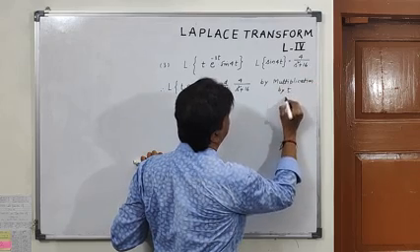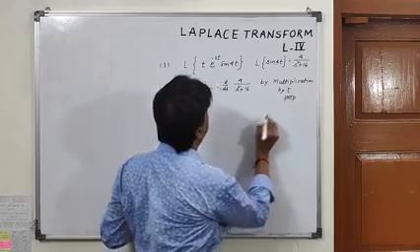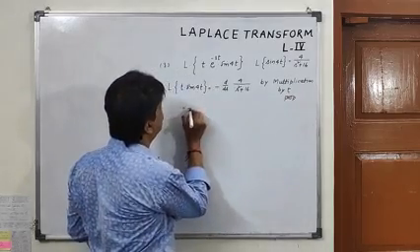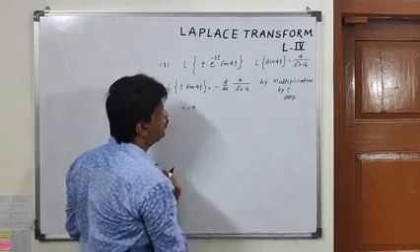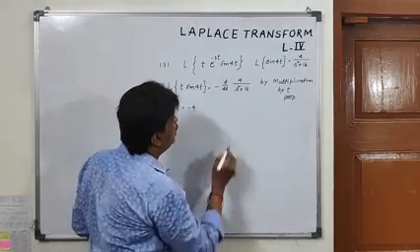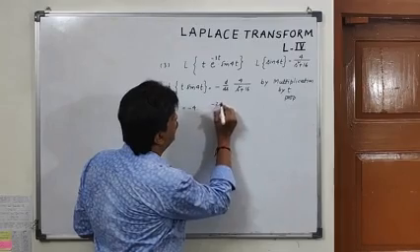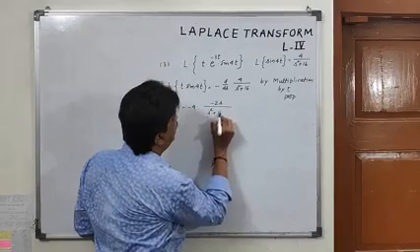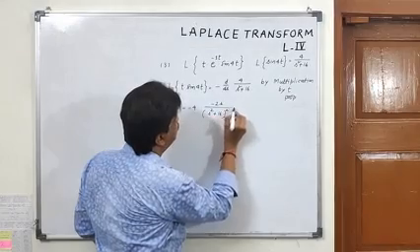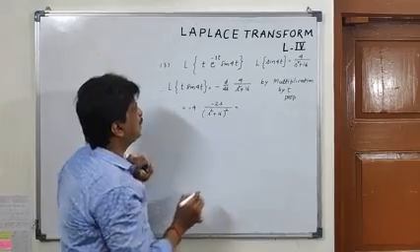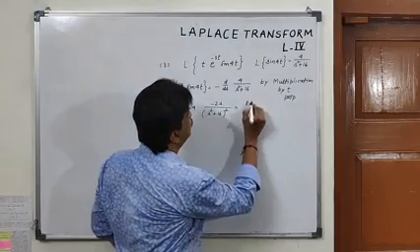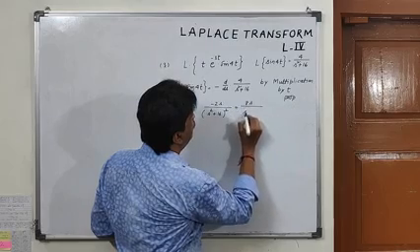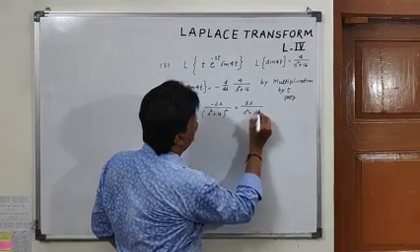So it is minus 4 into this derivative, which is minus 1 into s square plus 16 to power minus 2 into the derivative of s square, which is 2s. So it is equal to 8s upon s square plus 16 whole square.